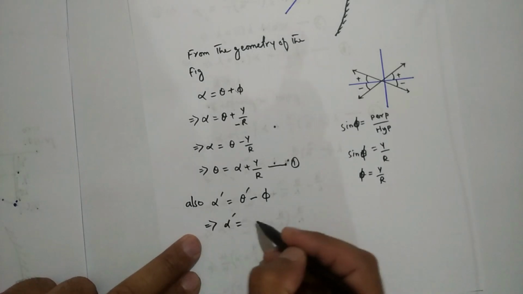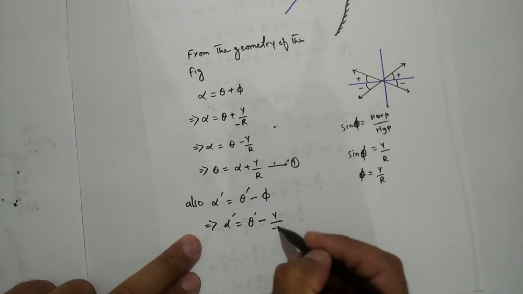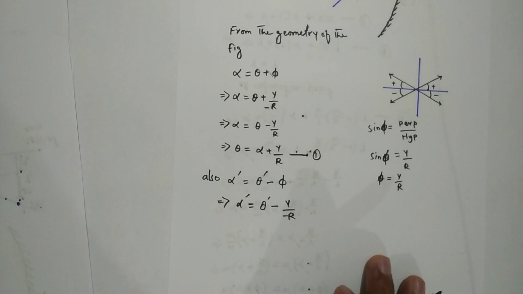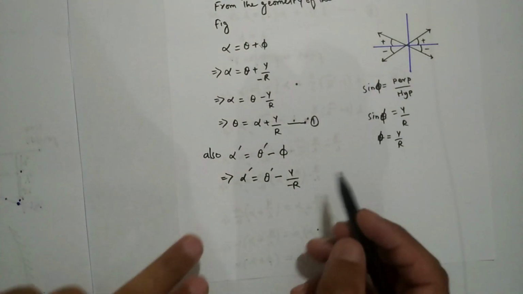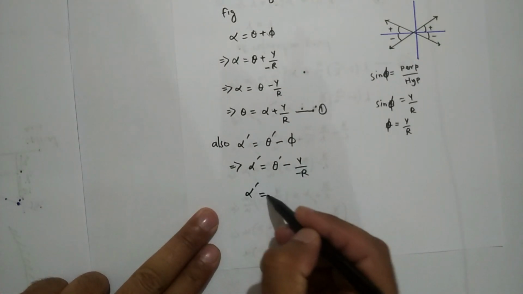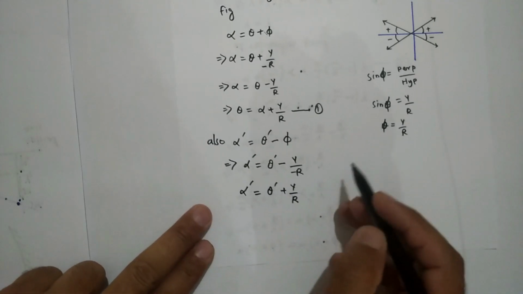Alpha prime is equal to theta prime minus y upon minus r. This negative sign is due to the convention, which is r is negative for concave and positive for convex. So alpha prime is equal to theta prime plus y upon r.